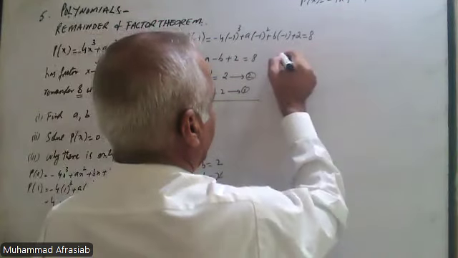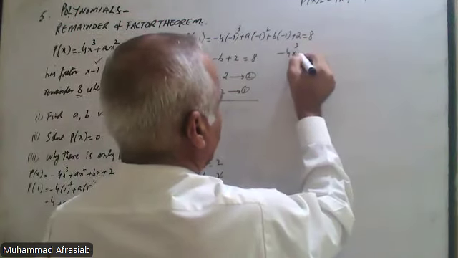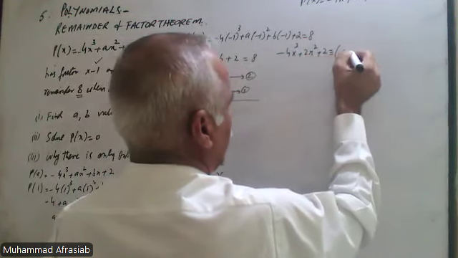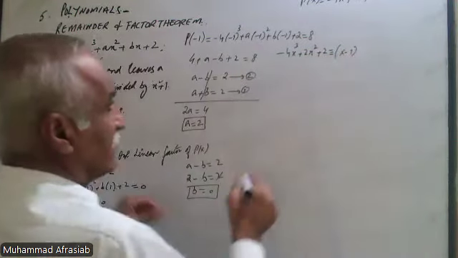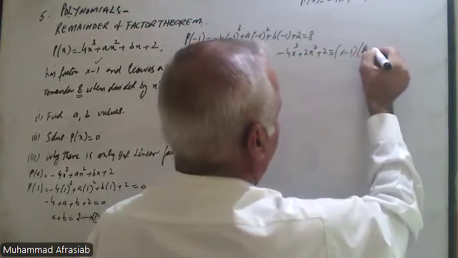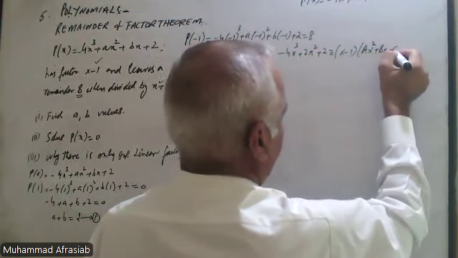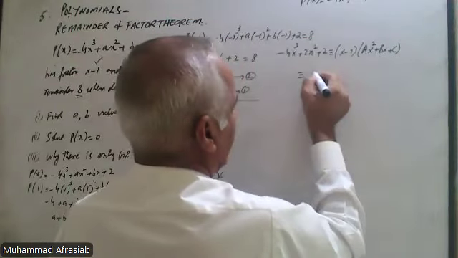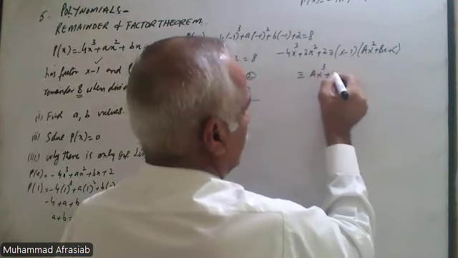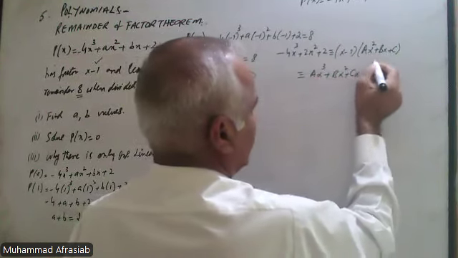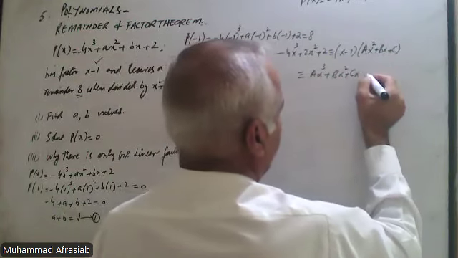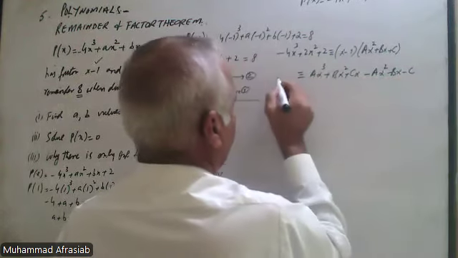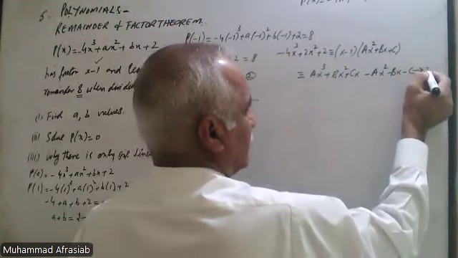Minus 4x cubed plus 2x square plus 2 is identical to x minus 1 times a quadratic expression, ax square plus bx plus c. Multiplying out, we get ax cube plus bx square plus cx minus ax square minus bx minus c. Let's say that is equation number 3.